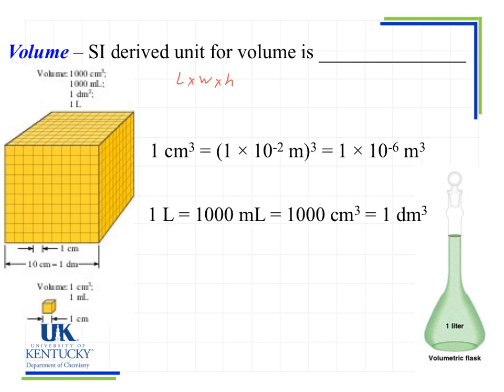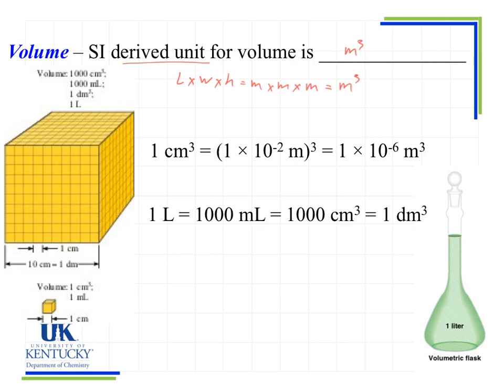And all of these three are lengths, or a distance. So what is the SI unit for length? It is meter, the width is meter, and height is meter. So the unit for volume will be cubic meter. So the SI derived unit for volume is cubic meter.